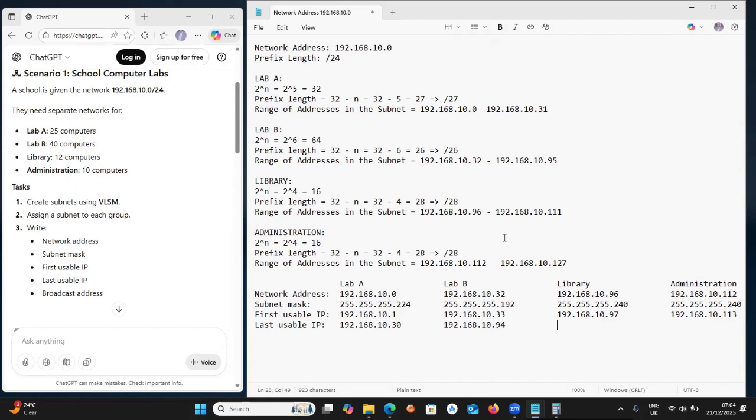The last usable address for library, we subtract 1 from that, we have 110.